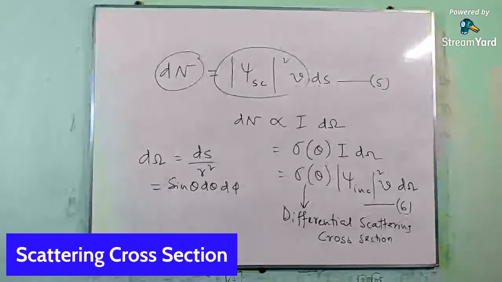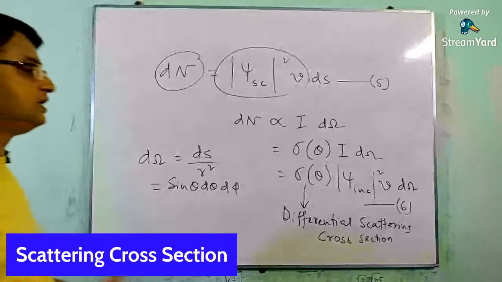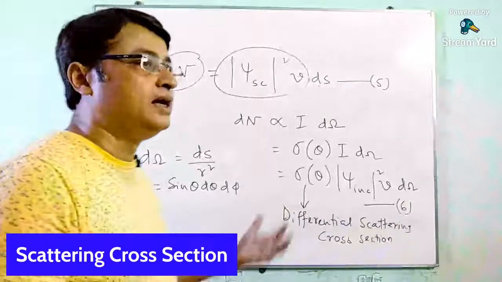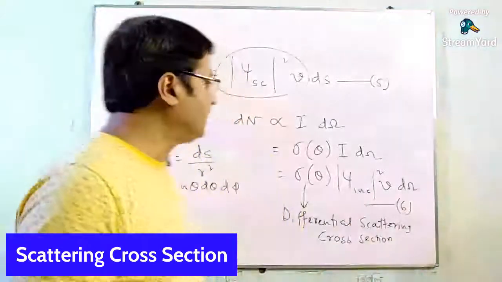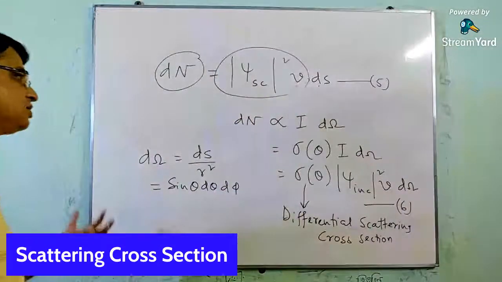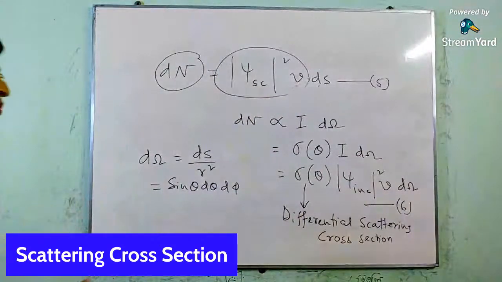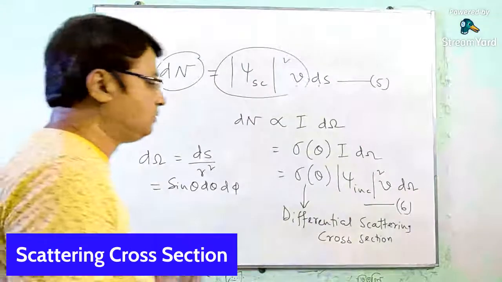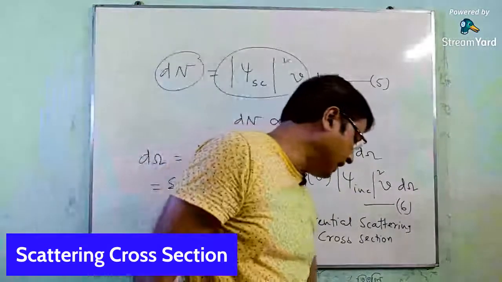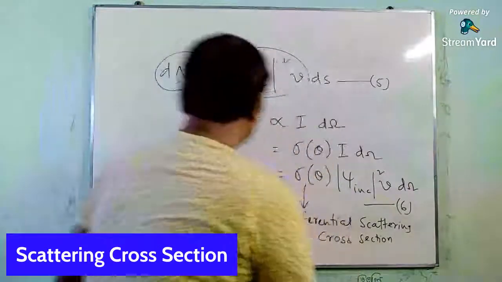Because the left hand sides of equations 5 and 6 are equal, we can write mod psi sc square v ds equals sigma theta mod psi inc square into v d omega.